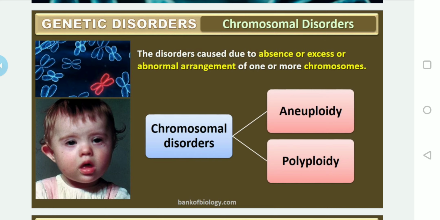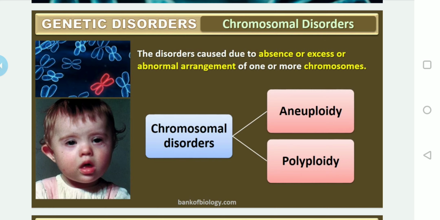What is the reason behind this type of abnormality? It is due to the non-disjunction or non-separation of the chromosomes during the formation of gametes. As a result, one gamete receives both the chromosomes of that pair and the other receives none of that pair.